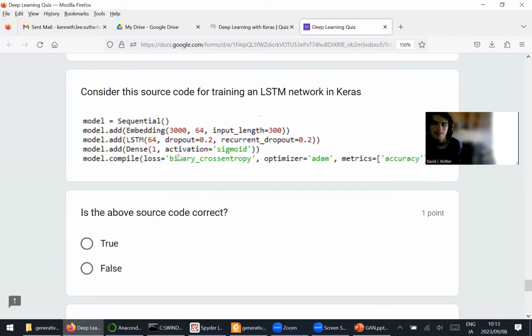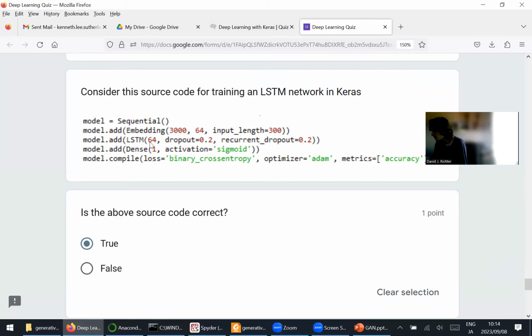But is that how you could? Is that like a fancy way or a quick way of doing transfer learning? No, it's like we were doing yesterday with language models.